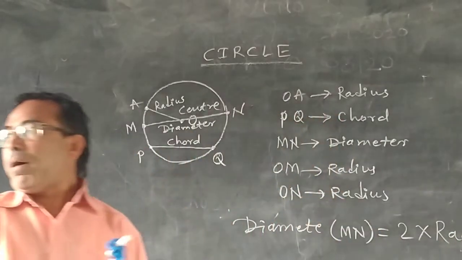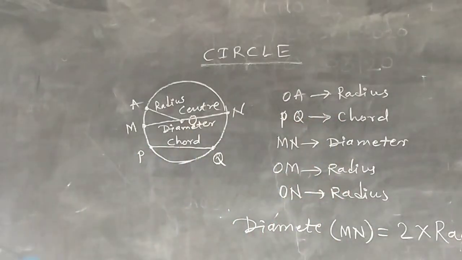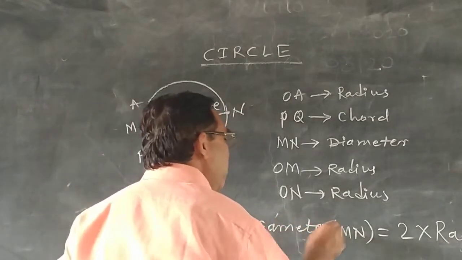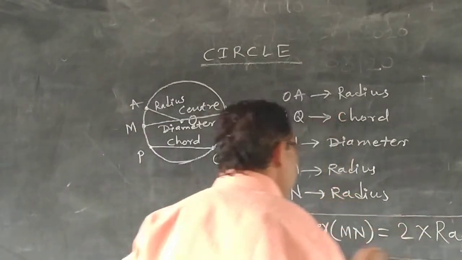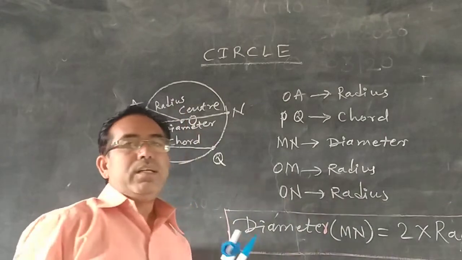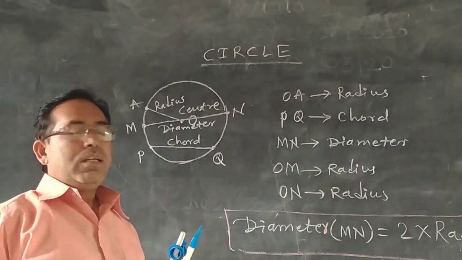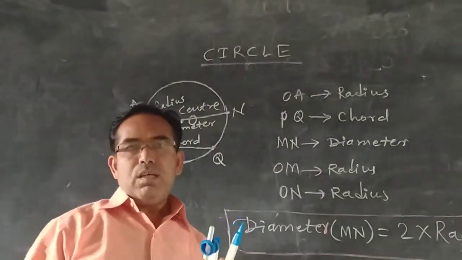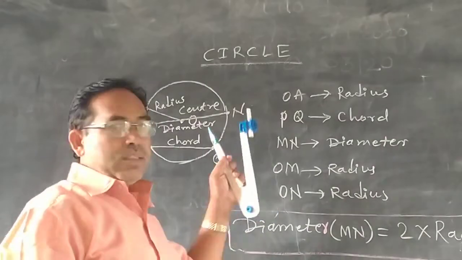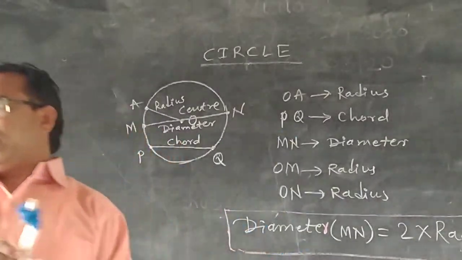And here we find the formula: diameter is equal to 2 into radius. Now take these concepts in our mind, and we see the next term.